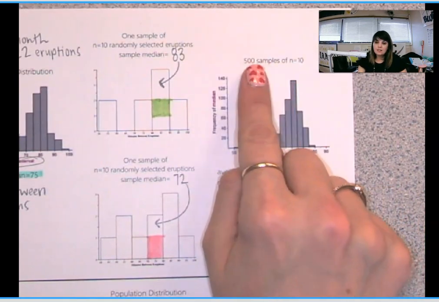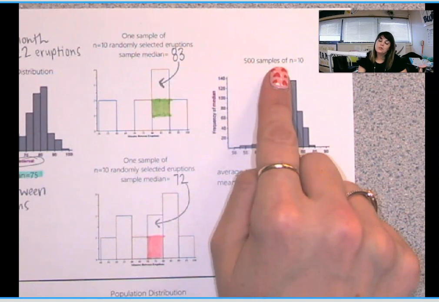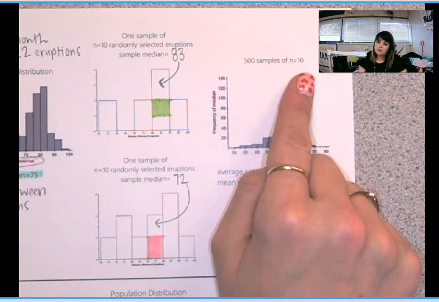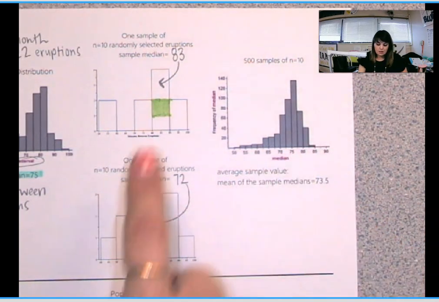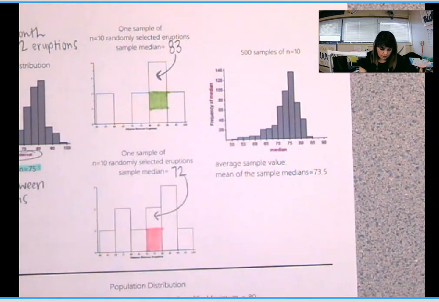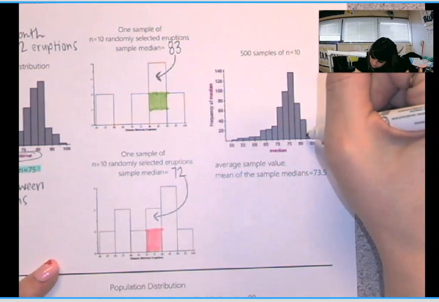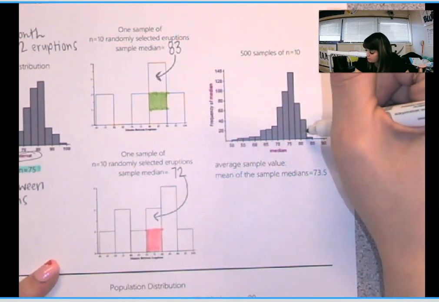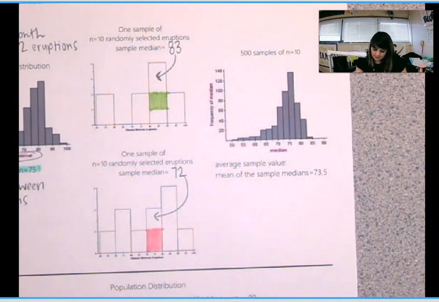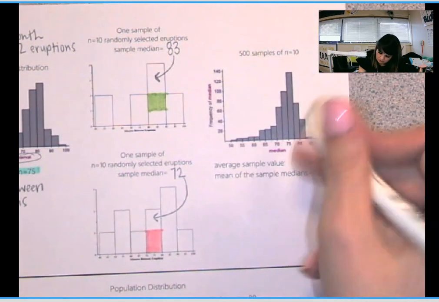So now this is 500 samples of size 10 eruptions. So in this, our sample of 83 is somewhere in this first bin. Not the first bin, I apologize. It's actually in this last bin.